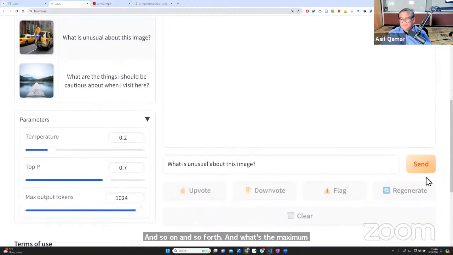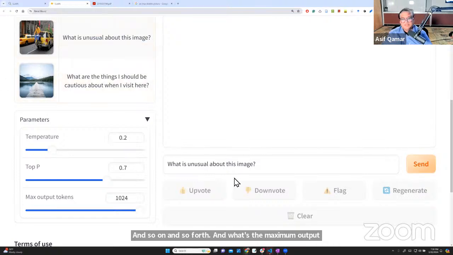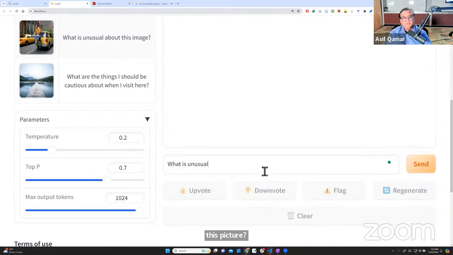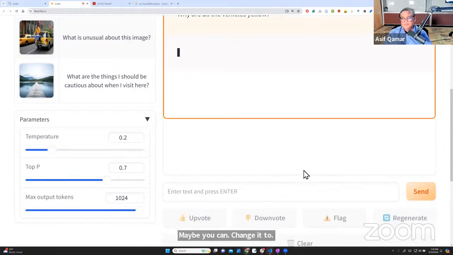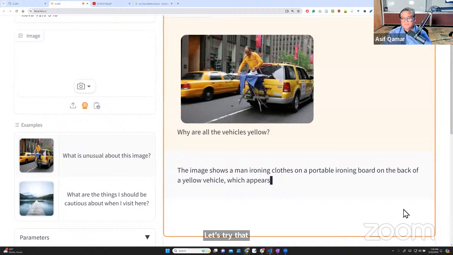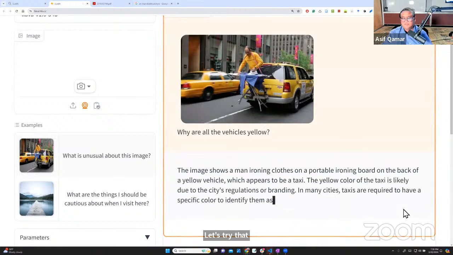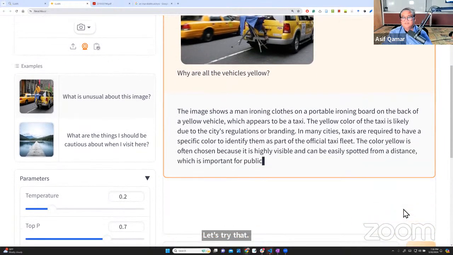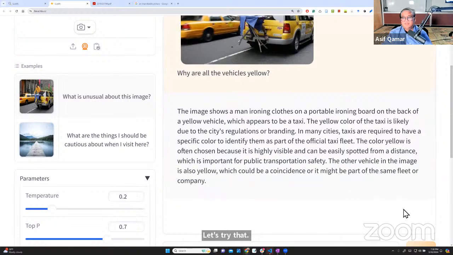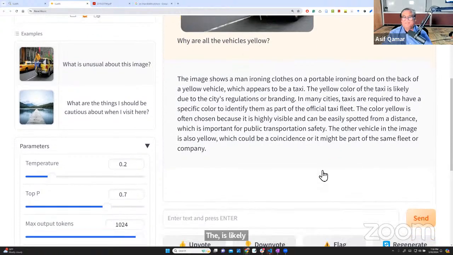And then, what is unusual about this picture? Maybe you can change it to something else, let's try that. The yellow color of the taxi is likely due to the city's regulation of branding, and so on and so forth.